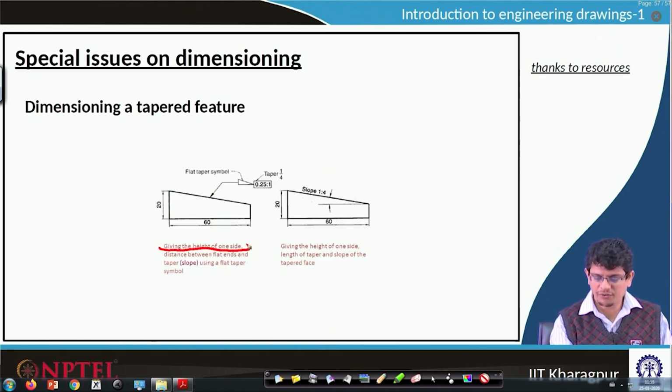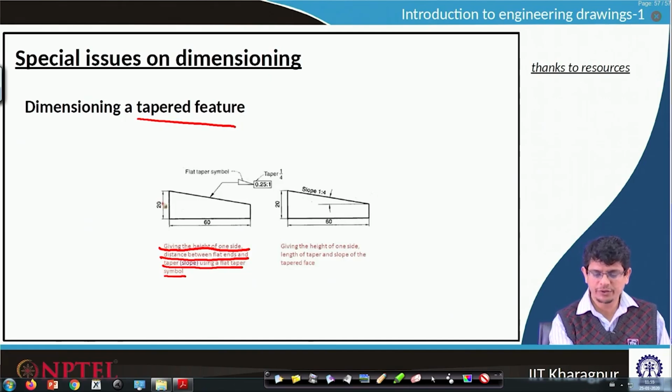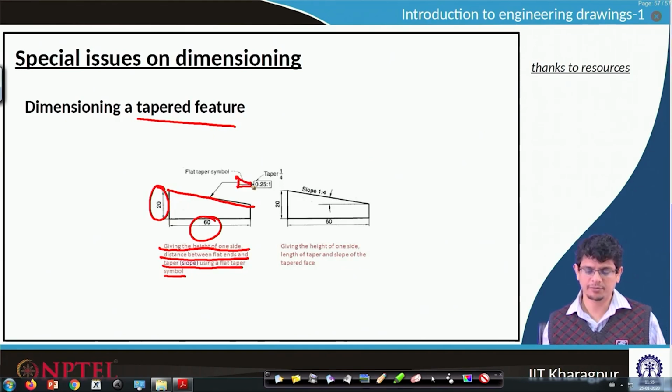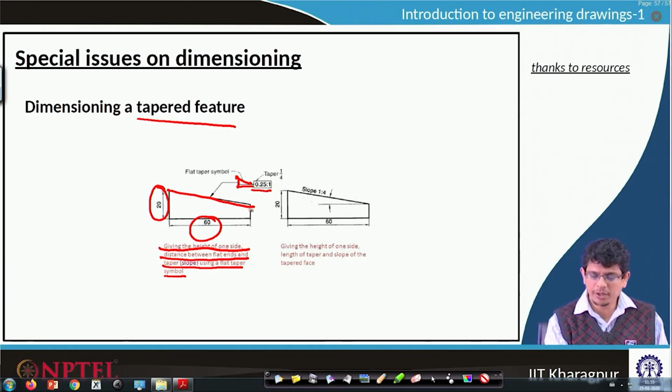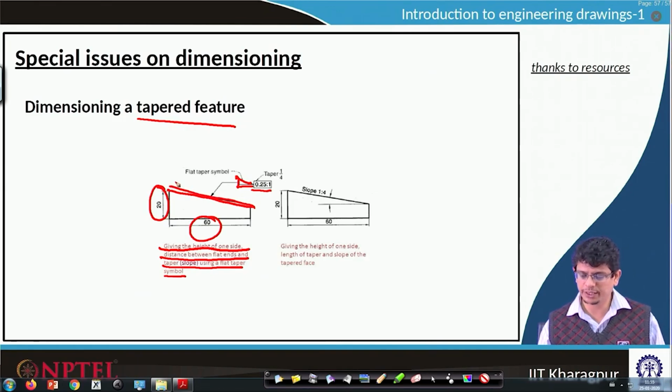We give the height of one side, the distance between the flat ends, and the taper slope using a flat tapered symbol. Here we are showing these dimensions and also a tapered one with a symbol of tapered shape. This is the way we show it, and this taper is perhaps increasing in that ratio. This is the way we show any taper.